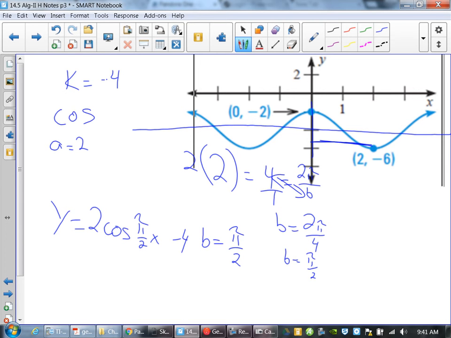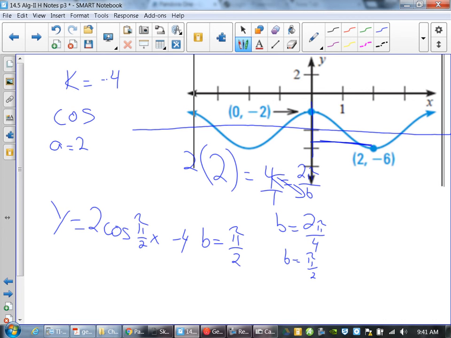If you go path of least resistance, you won't have a horizontal shift. But you're not wrong. So K is the average of the y's of the maximum and minimum. Wait, so it has to be of the maximum, it can't just be multiples of these? They're going to give you maximum and minimum. Oh. Yes, they should. Okay.